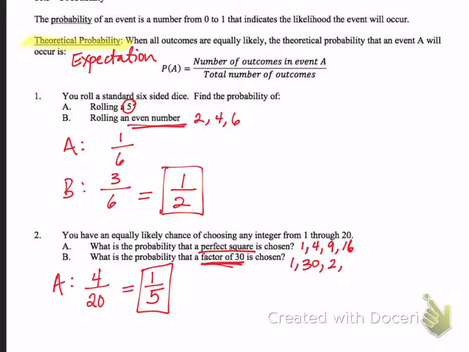You have 2 and 15, 3 and 10, and 5 and 6. But it's only between 1 and 20, so which one goes away? The 30. So I have 1, 2, 3, 4, 5, 6, 7. So for part B, it would be 7 out of 20. Does that reduce? No, so then I just leave it.